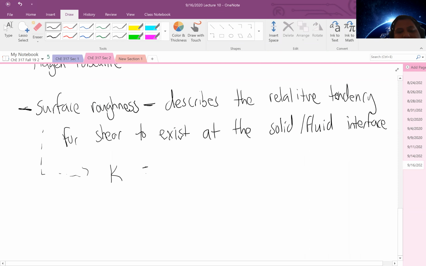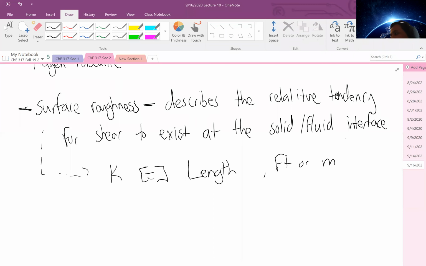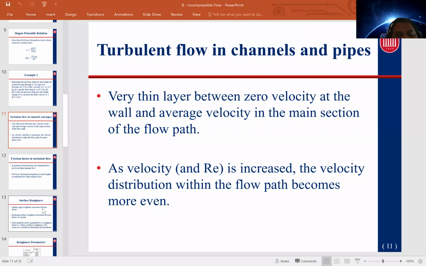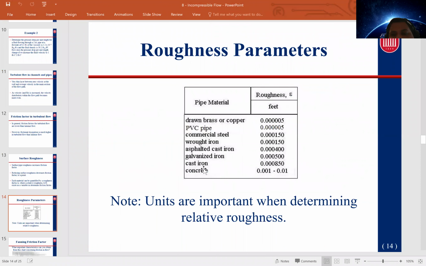The units of surface roughness are units of length. So you're going to see feet or meters to describe surface roughness for various materials of construction. Just as an example, I'll switch it over so you can see some examples of a roughness parameter.